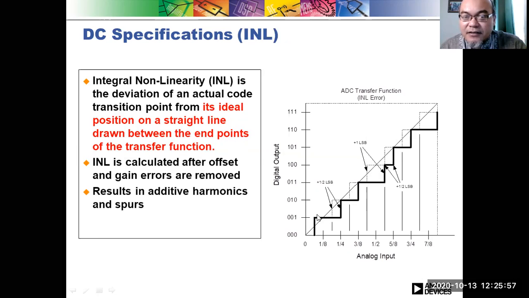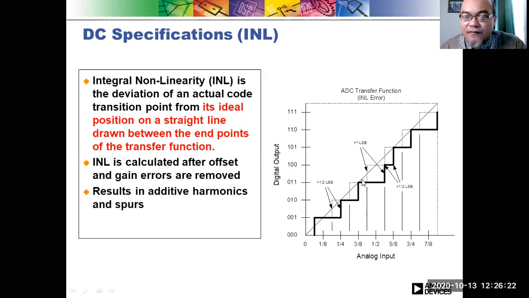However, what happens is this one is the thickened line, the thickened step, the transition between level shifts. For example, here the transition between 001 to 010 is supposed to be in the middle between 1/8 and 1/4 of full scale, but it shifts to 1/4 full scale to become 010.